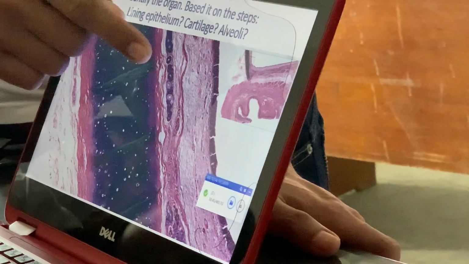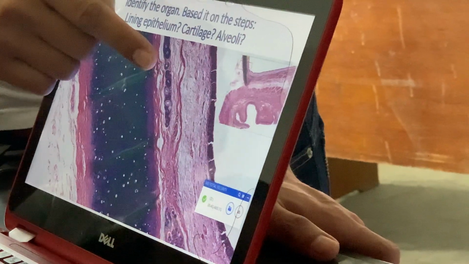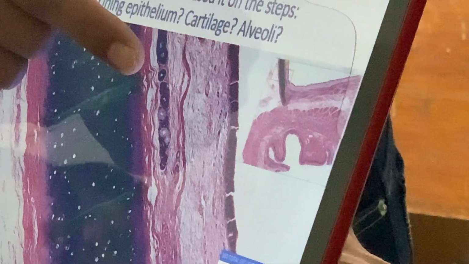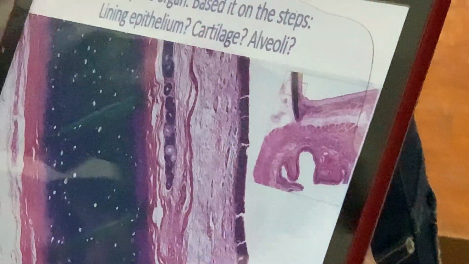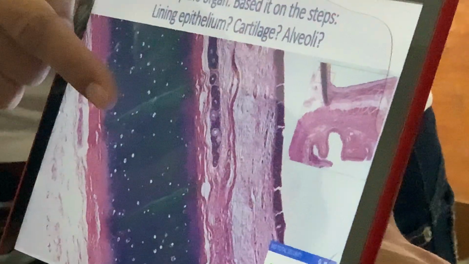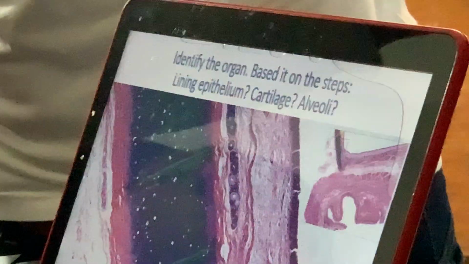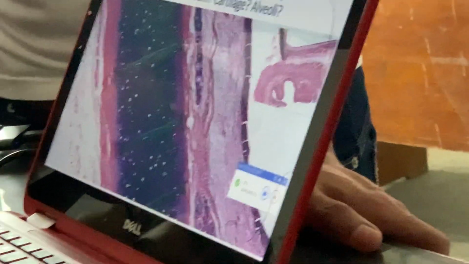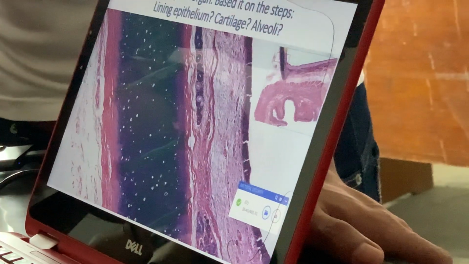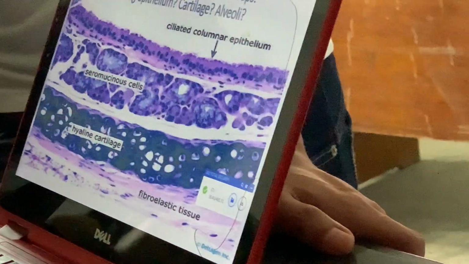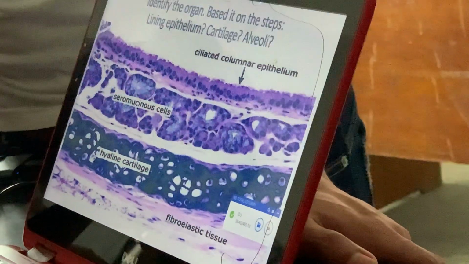Pointed as the structure. To differentiate between an invasive carcinoma and a carcinoma in situ, what structure? Basement membrane to differentiate. Very good. You're really learning.